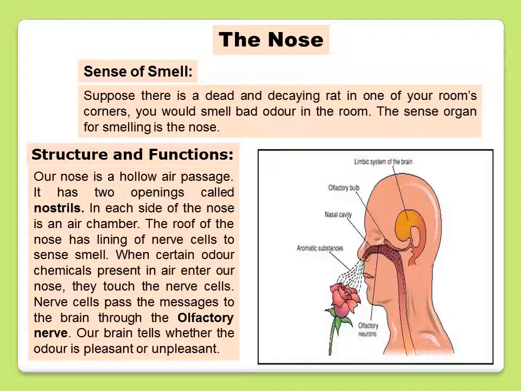When certain odor chemicals present in the air enters our nose, they touch the nerve cells, and the nerve cells pass the message to the brain through the special nerves, this time called olfactory nerves. So students, mind this thing, the nerves related to the sense of smell are called olfactory nerves. Then our brain tells us whether the odor is pleasant or unpleasant.